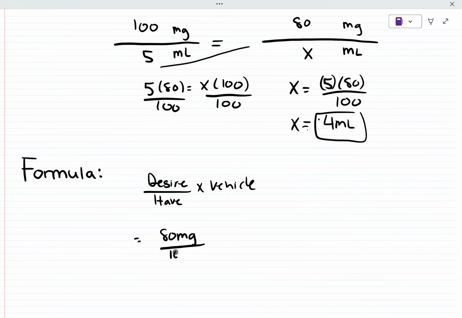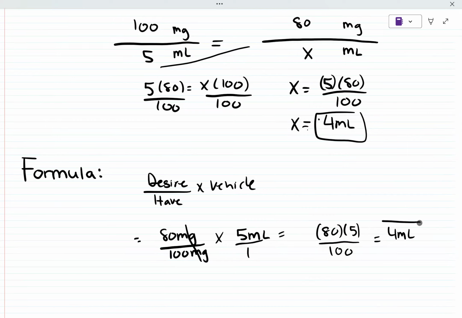We were given 100 milligrams, times our vehicle, which was 5 milliliters. The milligrams disappear, and you multiply straight across, not crisscross: 80 times 5 over 100, and you get 4 milliliters.